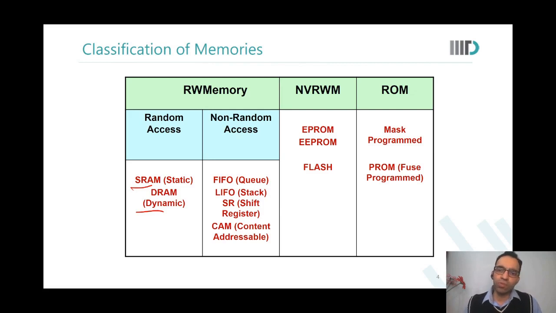So EPROMs, where would they be used? Can you think of a use case? Boot sequence. Yes, boot sequence. Or, for example, there is a standard set-top box chip which you sell to Airtel and you sell to Bharti and you sell to Tata Sky and you sell to Dish TV and everyone.